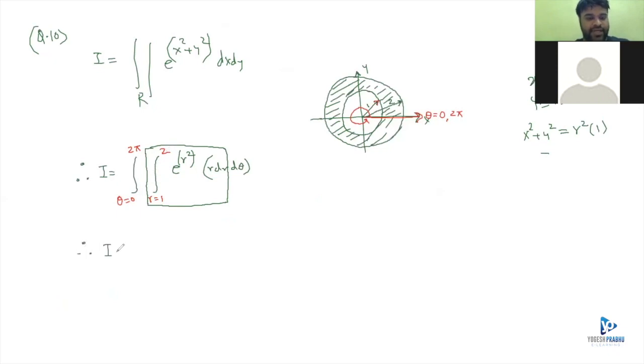Therefore, we get I equals the integral of theta from 0 to 2 pi. How will we solve this?